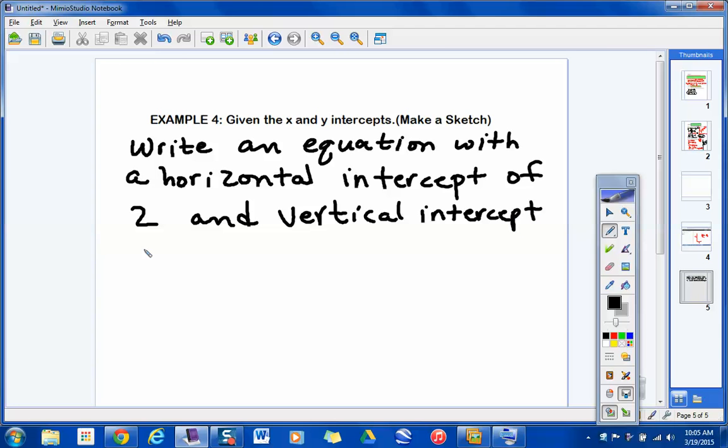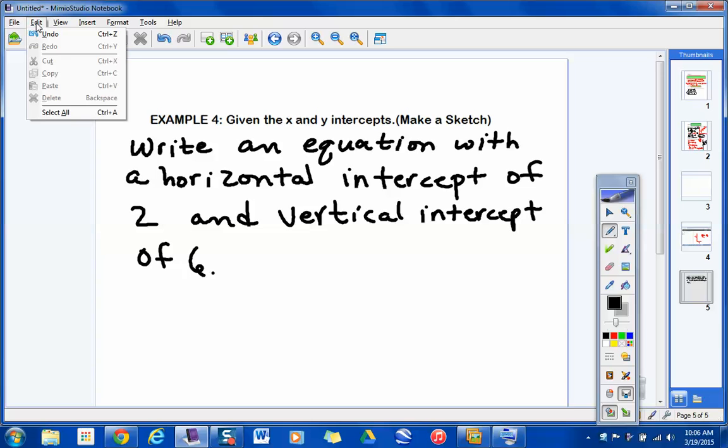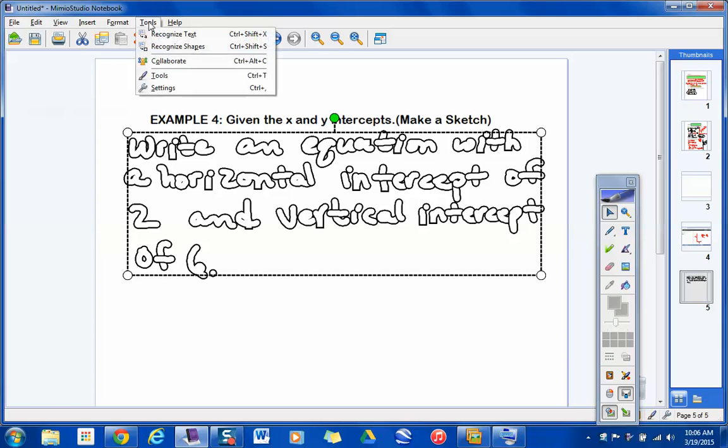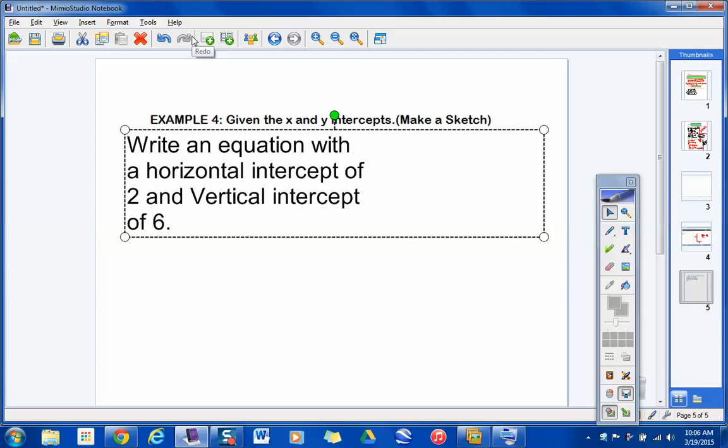And vertical intercept of 6. So I want you to write an equation with a horizontal intercept of 2 and a vertical intercept of 6. So I'll give you a second to write that down.